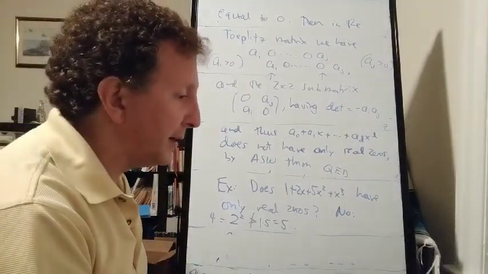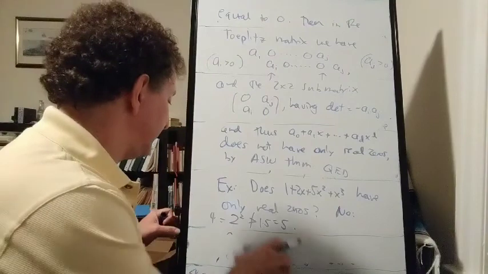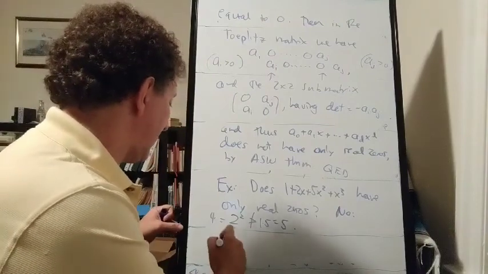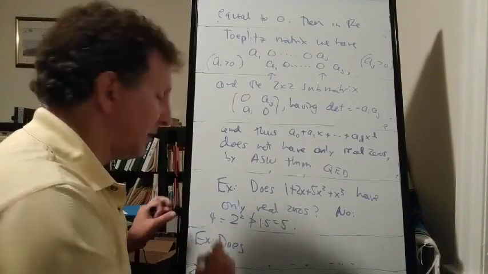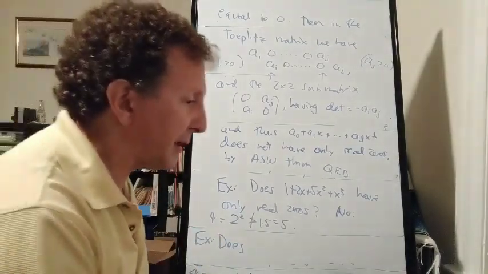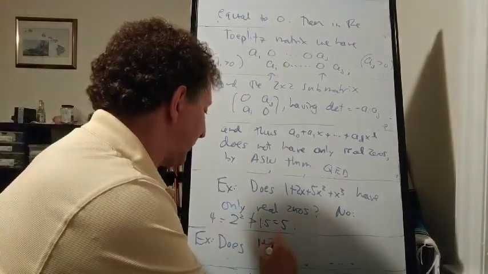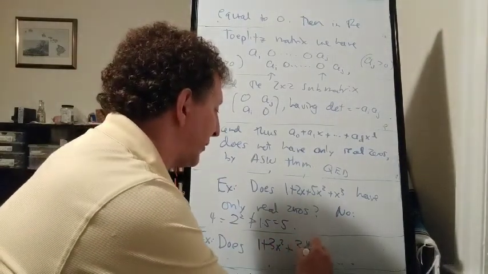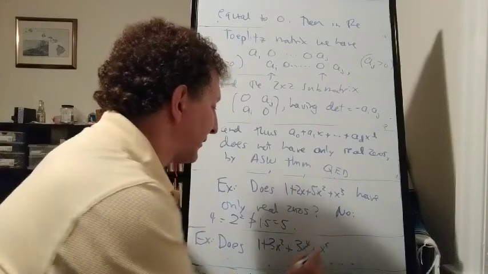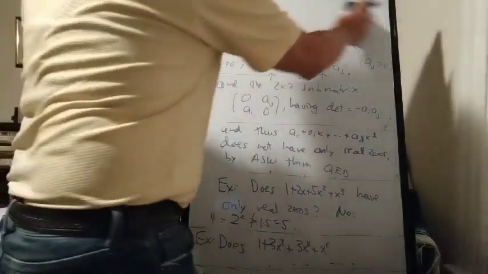And then if we look at a polynomial like 1 plus 3x squared plus 3x to the 4th plus x to the 6th, we could ask, does that polynomial have only real zeros?